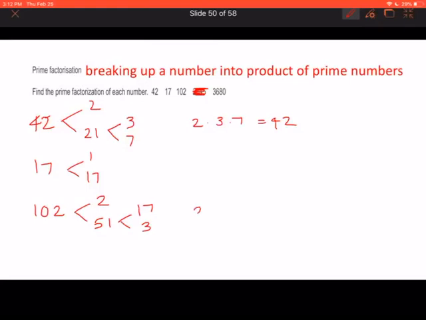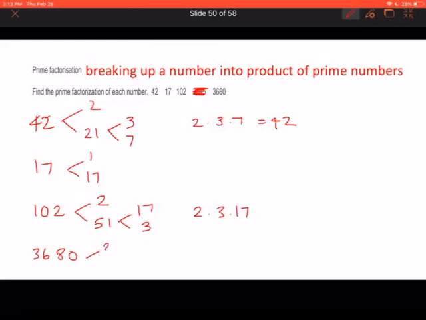So here 2, 3 and 17 are the prime factors for 102.